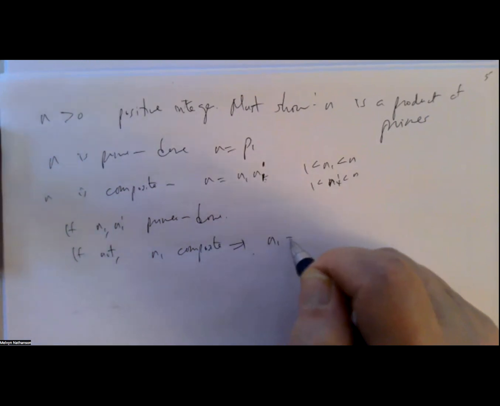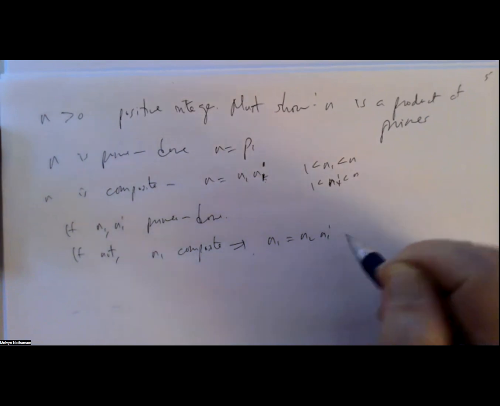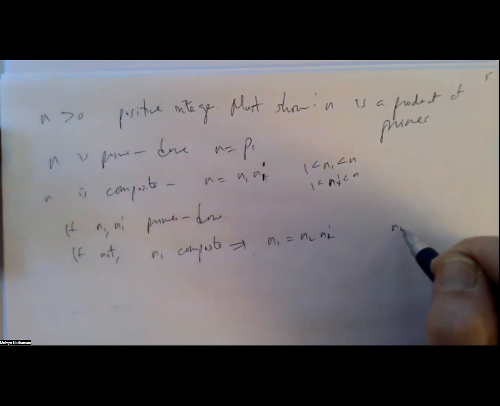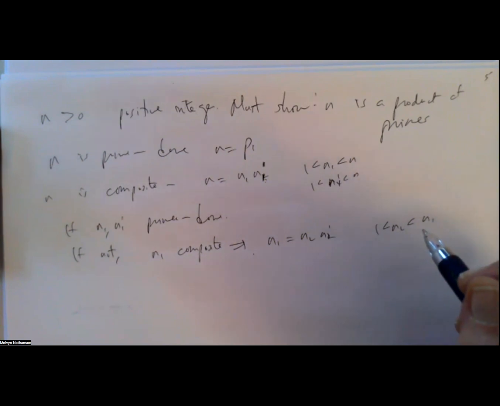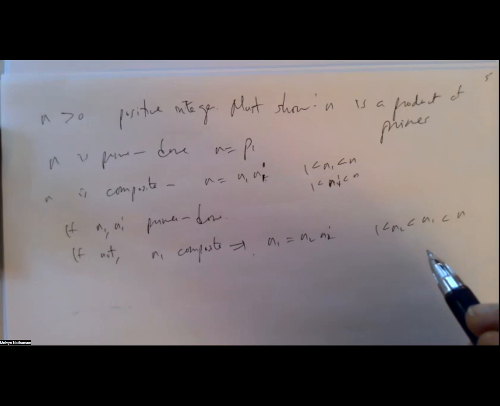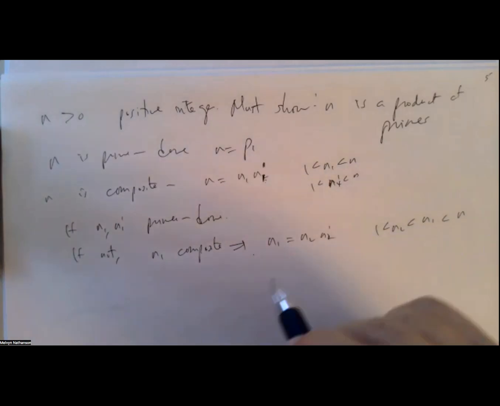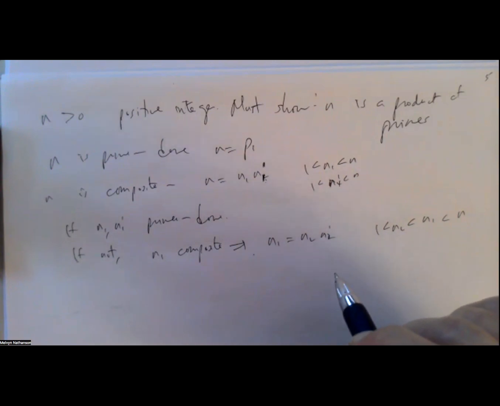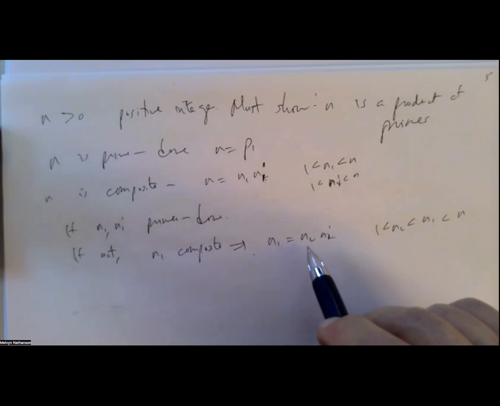So I can write n1 as n2 times some other number as factors, where n2 is less than n1, which, by the way, was less than n. Now, if both of these numbers are prime, we're done.